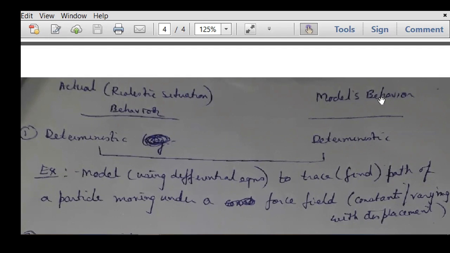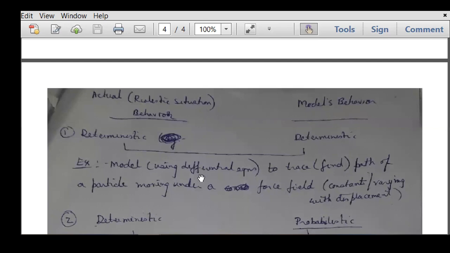Now the thing is, if the real life situation is deterministic, then it can be explained via a deterministic algorithm or deterministic model, or it can also be explained by a probabilistic model. Again, if the real life situation is probabilistic in nature, then it can also be modeled or controlled by a deterministic algorithm or by a probabilistic algorithm.